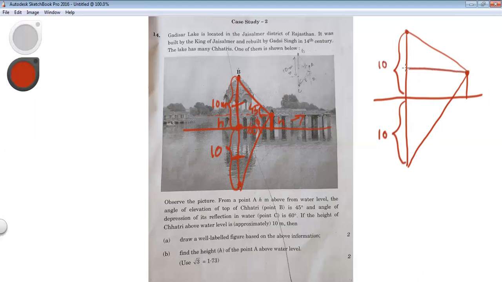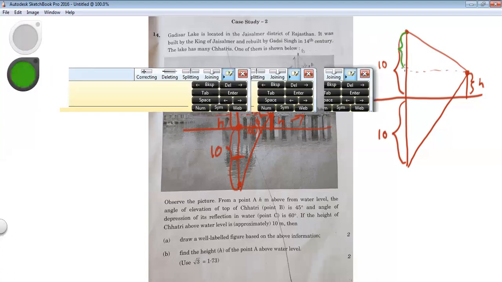And this straight line, this is h. Let's change the color. This part is going to be 10 minus h, right?